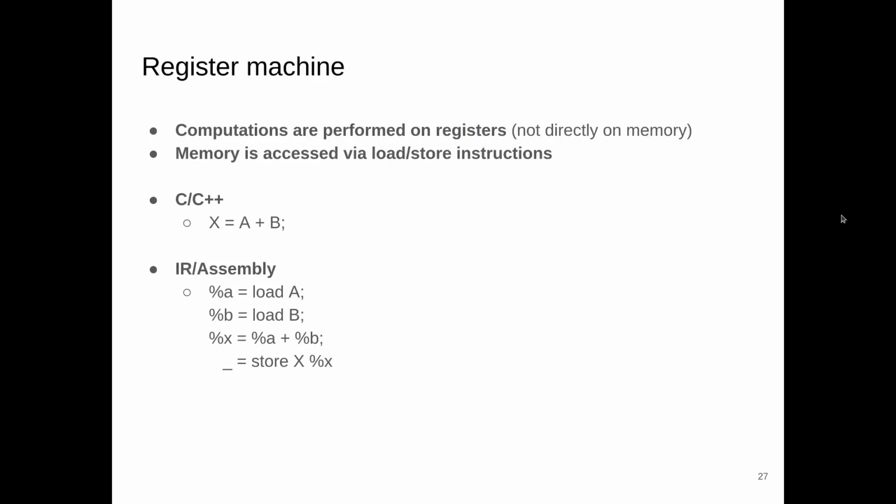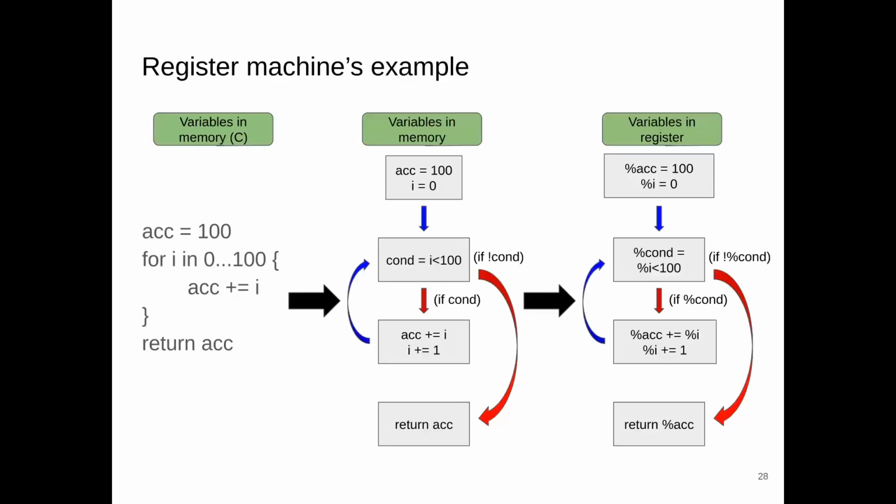Let's first look at an example translation regarding these registers. Here is the familiar example from the last slide, that is getting the summation from 0 to 100. Because IR is CFG, we are going to translate this program into this program, as we discussed in the previous slide. But actually, we need to perform one more level of translation from this to this. That is replacing these memory variables with these registers.